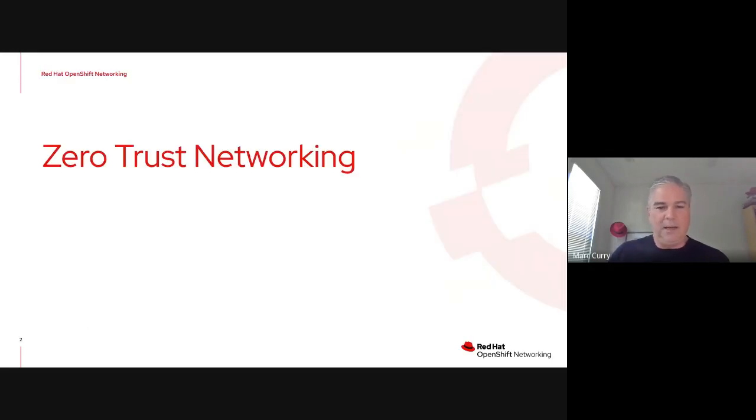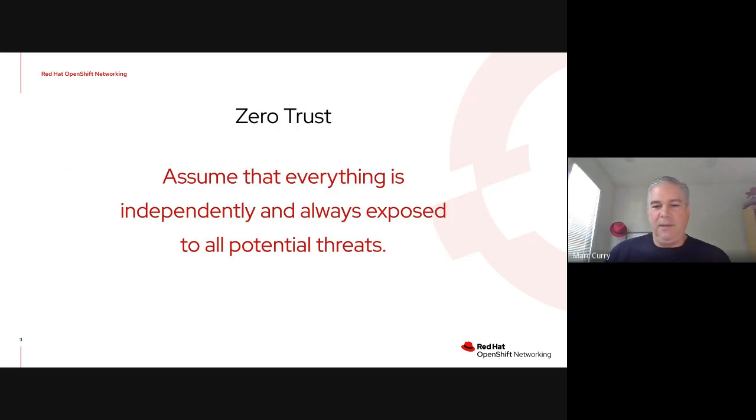So let's back up for a second, and look at what's really meant by zero trust networking specifically. Well, the end goal is that our customers want to assume that everything is independently and always exposed to all potential threats. That is, there's a bad actor in their cluster somewhere, and so how do we mitigate any possible threats?